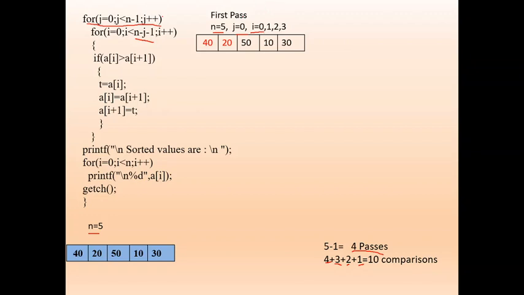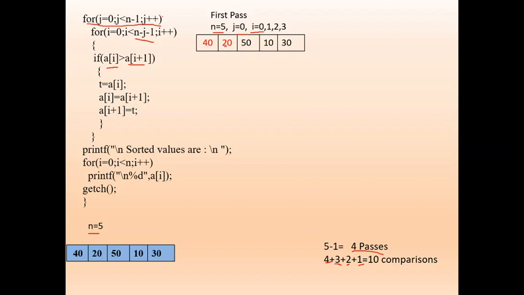Now you see, I am comparing a of i with a of i plus 1. What is my i value? I value is 0. A of 0 is compared with A of 1, that is 0 plus 1. My 0th value is 40. A of 1 is 20.